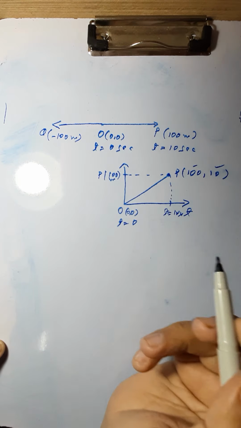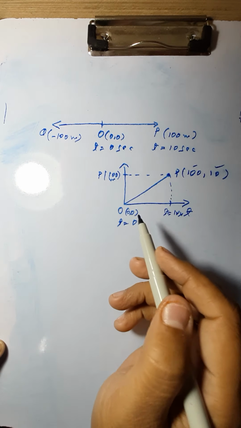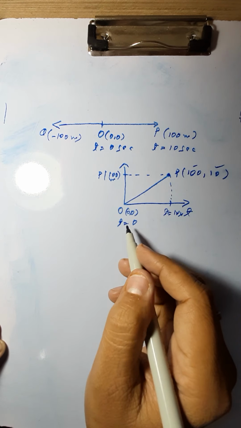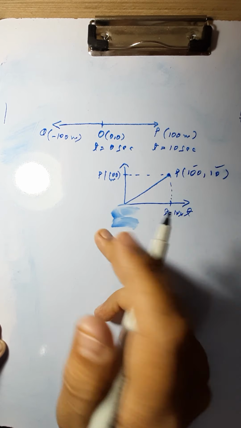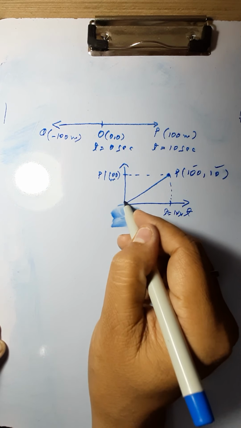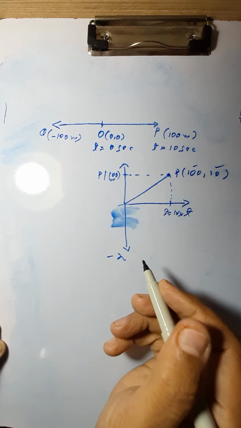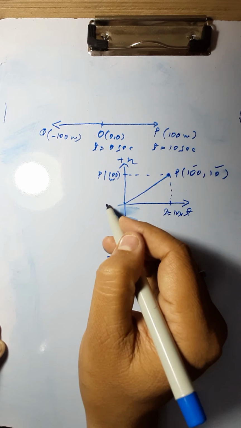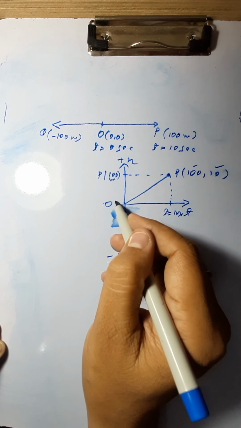So how will you show this motion on the displacement time graph? This will look like this: negative x coordinate, positive x coordinate, okay, O is 0, 0.